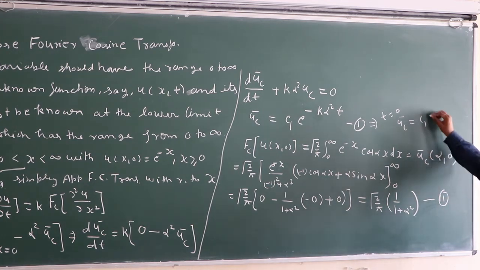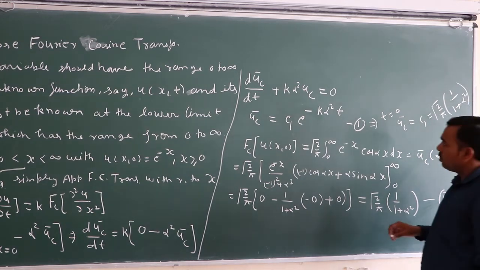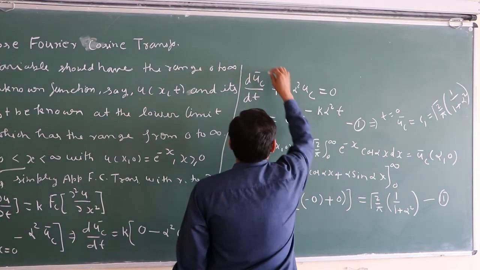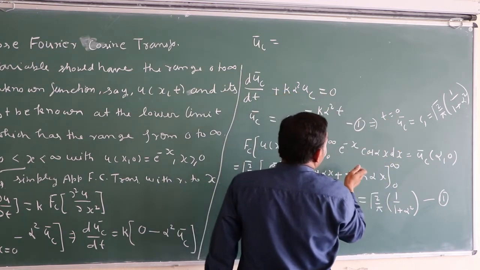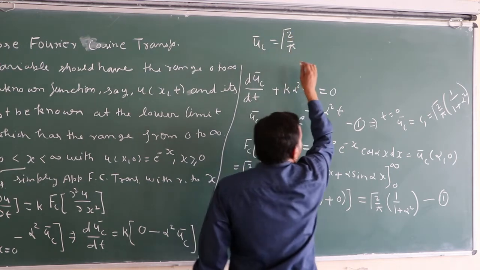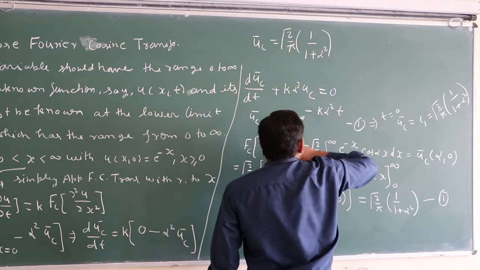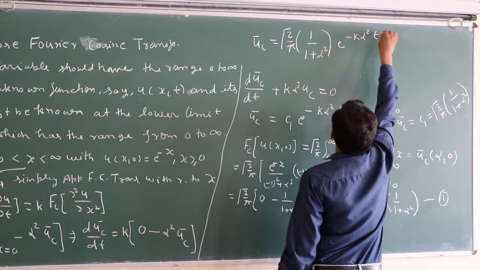So simply c1 equals square root of 2 upon pi times 1 upon 1 plus alpha squared. So equation 1 can be written as u_c bar equals square root of 2 upon pi times 1 upon 1 plus alpha squared times e^(-k alpha² t).